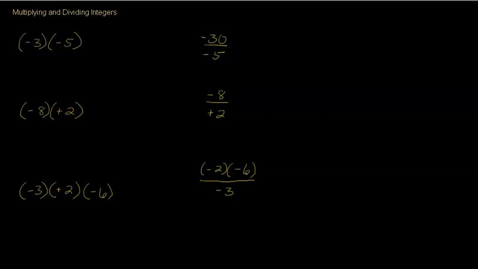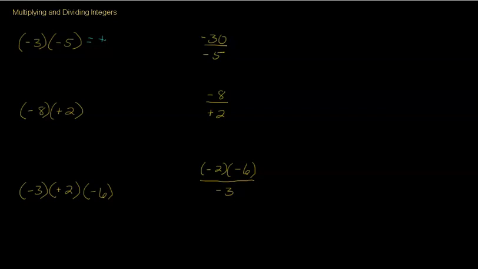All right, so when we're multiplying or dividing, what you got to realize is if I'm multiplying two negatives here, that means that my answer is going to be positive. I know that this answer is going to be positive because they're going to cancel each other out.